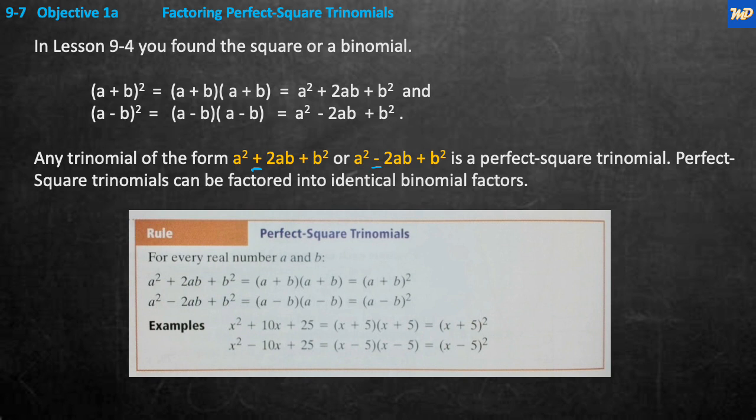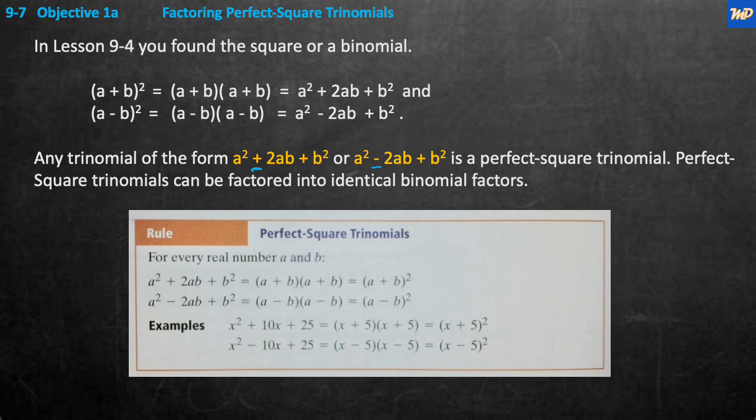Okay, here's a rule that we're going to look at. The perfect square trinomials: for every real number a and b, a squared plus 2ab plus b squared is equal to the quantity a plus b times the quantity a plus b, which is equal to the quantity a plus b squared.